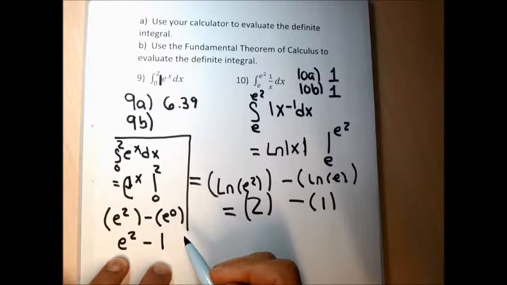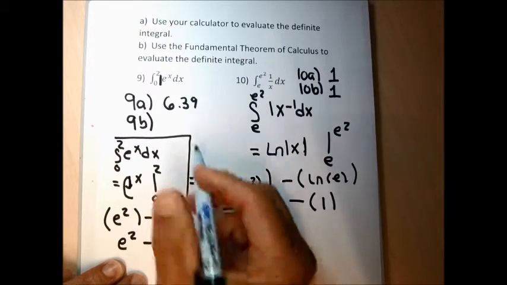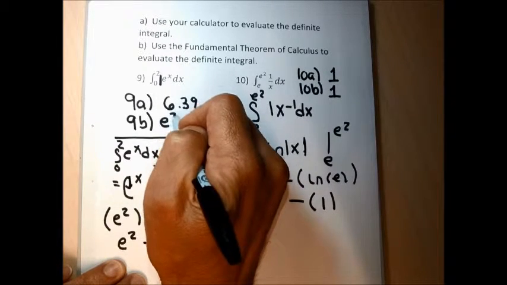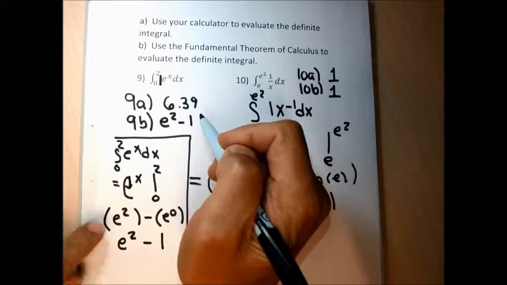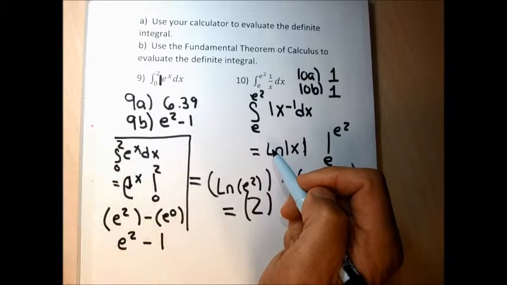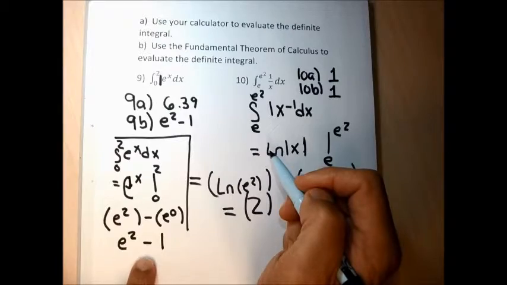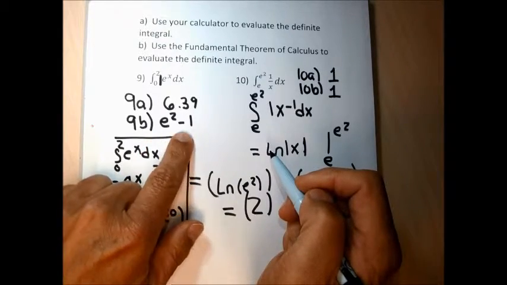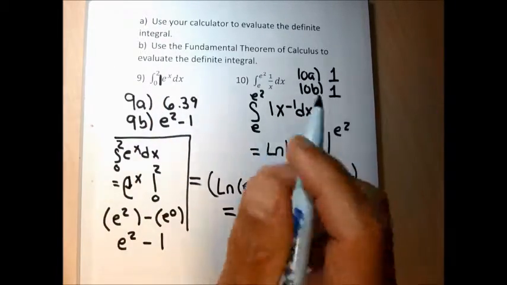This is how I'd want my answer for your problem, because I don't want grungy decimals if I don't need to have grungy decimals. E squared has a grungy decimal equivalent, but I don't need to write that. I can write e squared, and e to the 0, anything to the 0 power is 1, and I keep the minus sign and drop the parentheses. I'm going to show you that that is equal to that, because that's important.